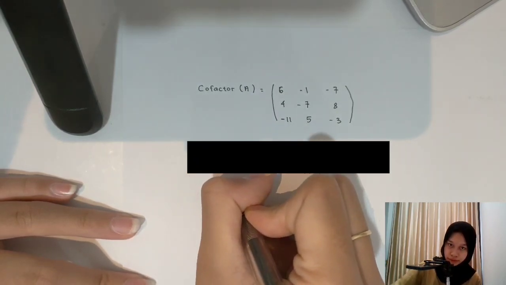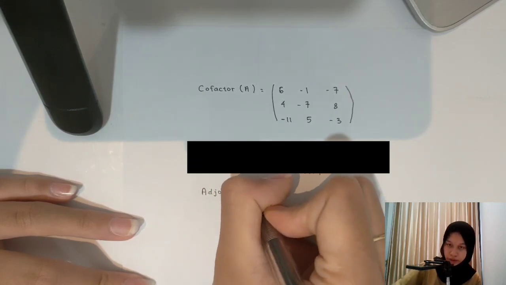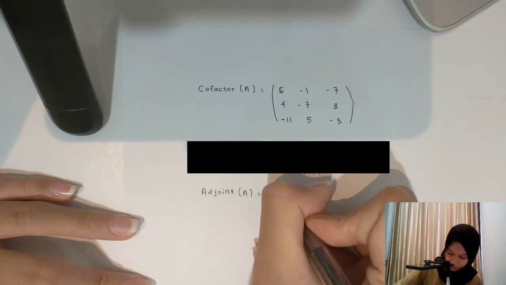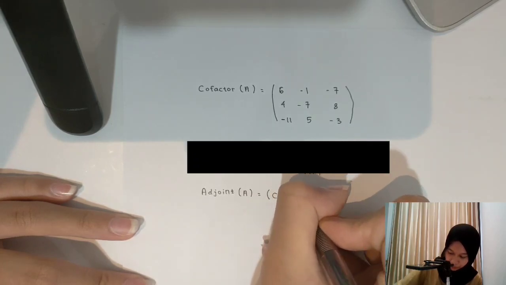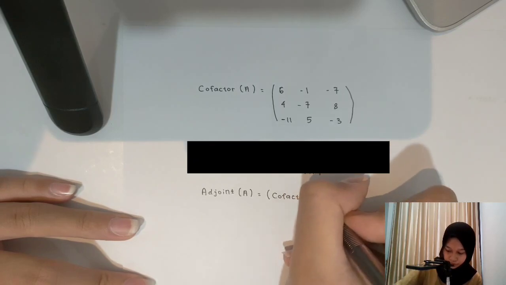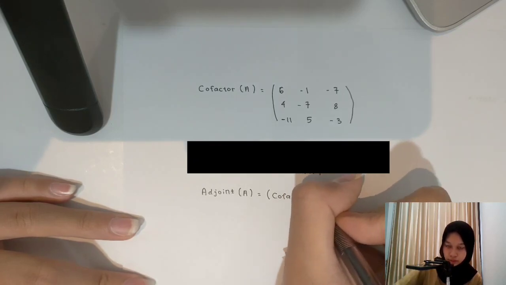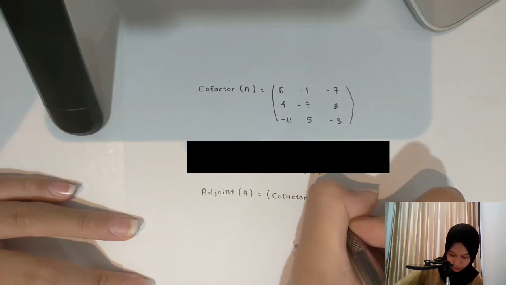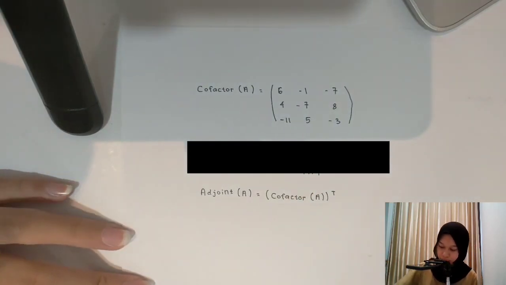The adjoint matrix of A is the cofactor of A transposed.